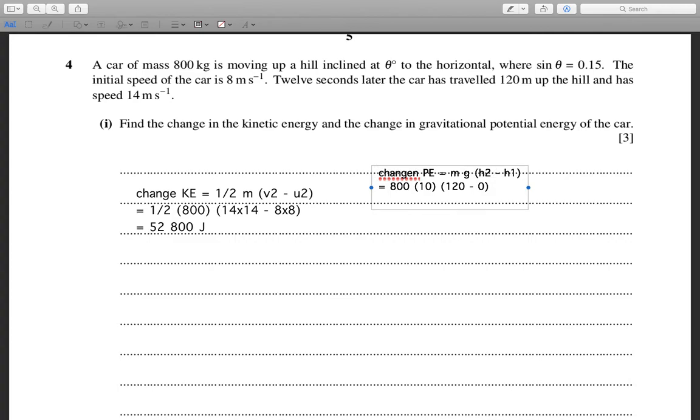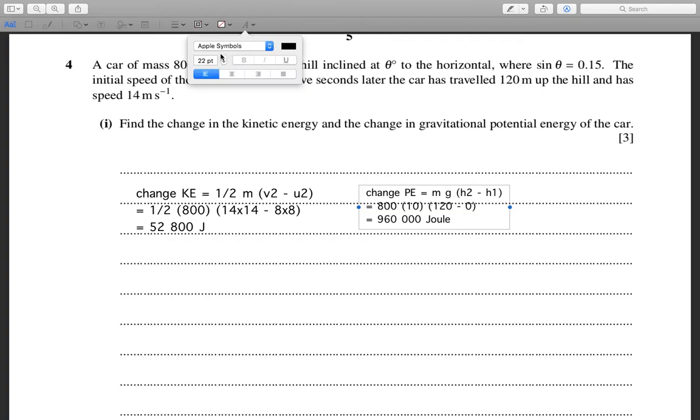Okay, we calculate first with my calculator. This is 800 times 120, which is 960 kilojoule. Okay, we get the change in potential energy. Also, we have the change in kinetic energy.